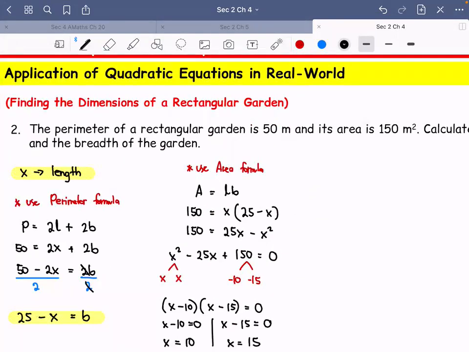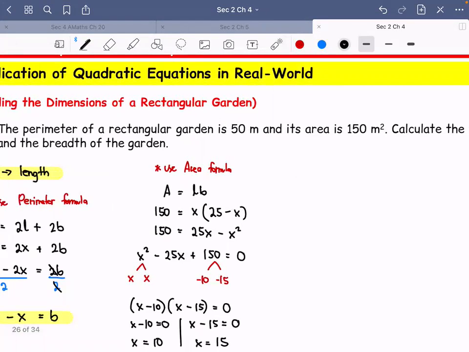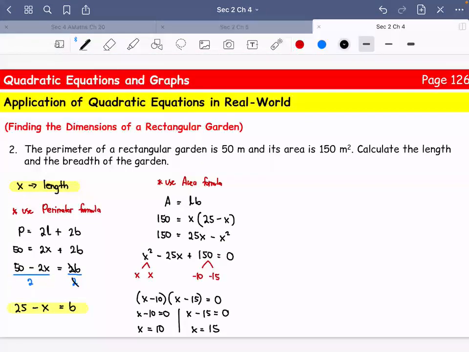Which is the breadth? Which is the length? Okay, so in a rectangle, which one is the longer side, the length or the breadth? Sec 2, in a rectangle, which is the longer side, the length or the breadth?